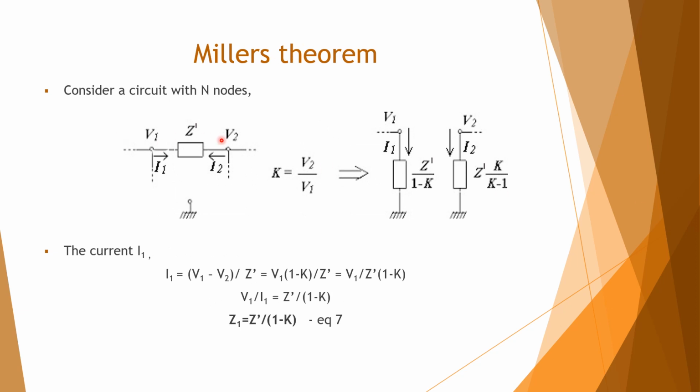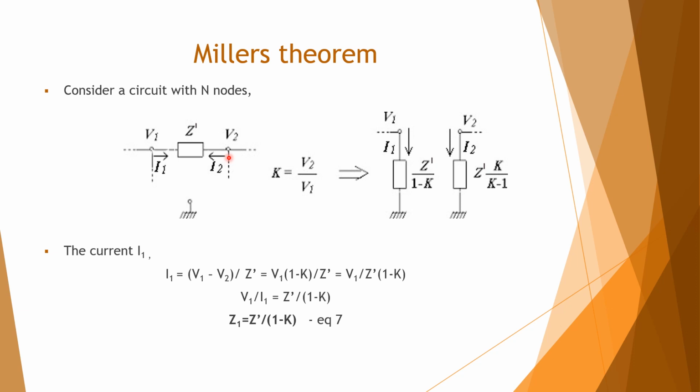And next one is Miller's theorem. Suppose we have a two-port network here. One port is at the input, V1 and ground, and at the output it is V2 and ground. There is a current I1 flowing from the input node into the network, and I2 flowing out of the network at the second port, that is at V2.